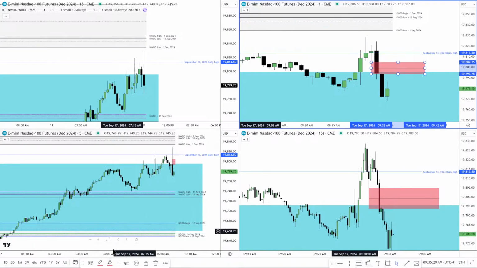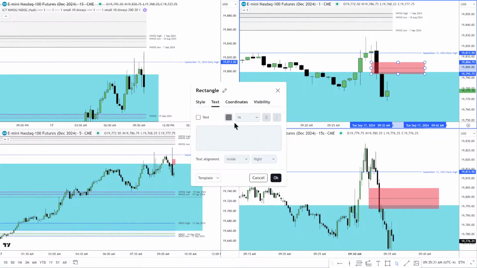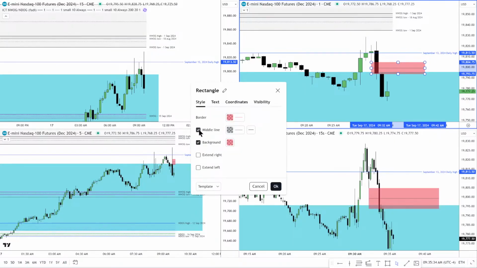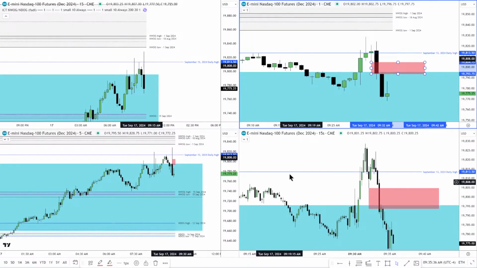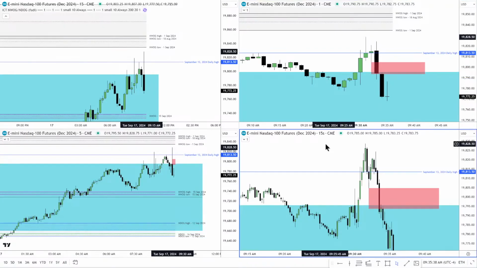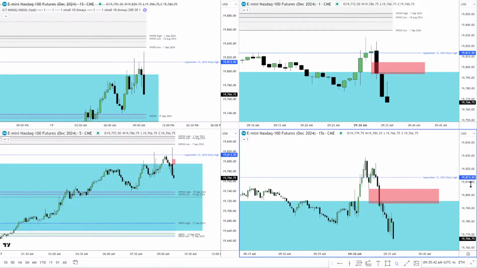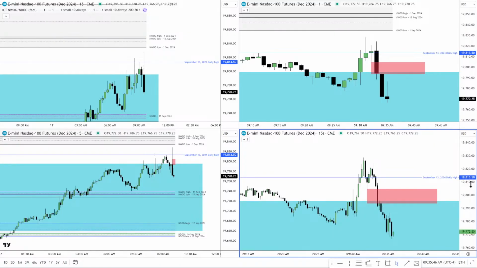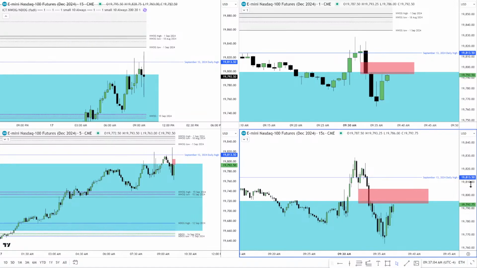And let's take the midline off of that because I don't want to see it. There you go. And we're going to work primarily off of the 1 and 15-second chart today.